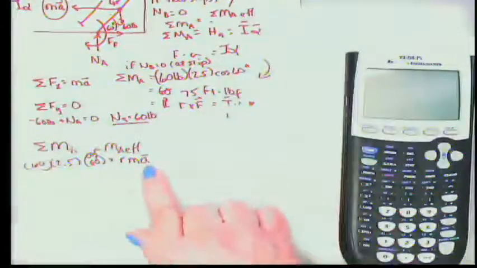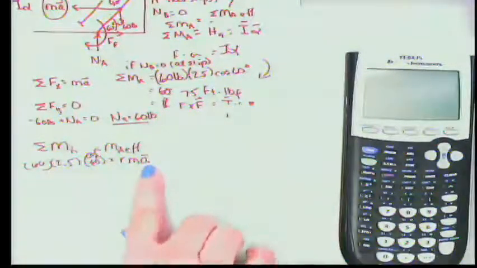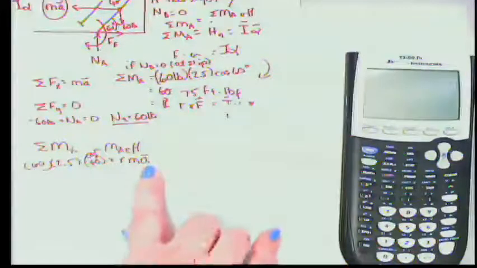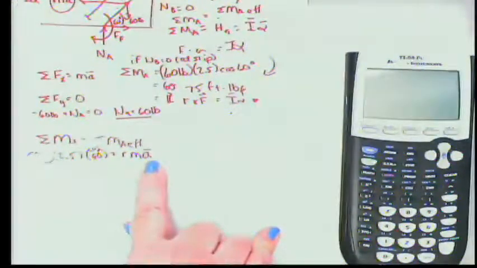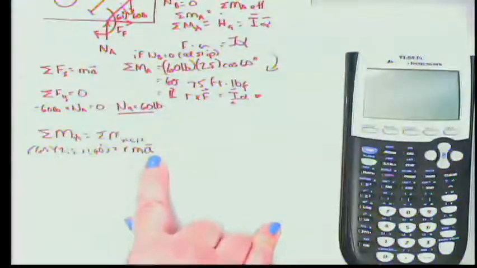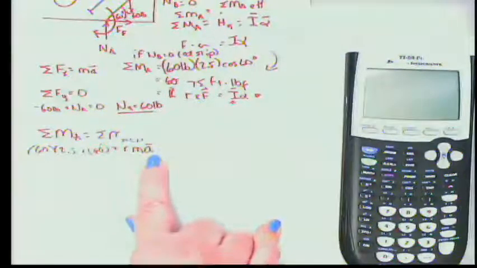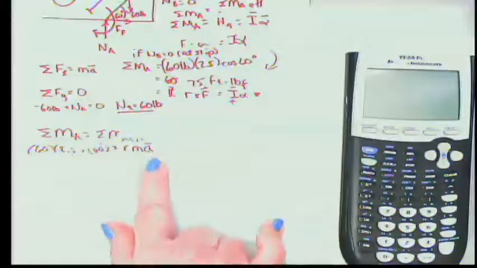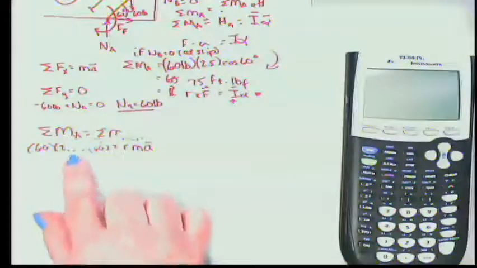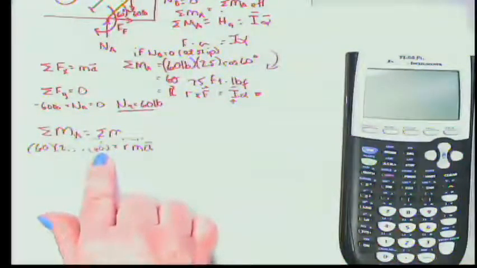And this is what I'm looking for. Now, does that make more sense? Because you can't get there from that discussion of rate of change of angular momentum unless you break this down into those effective moments as well. So then we have 60, 2.5, and this is a half.